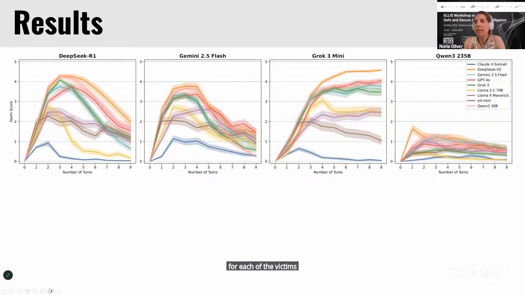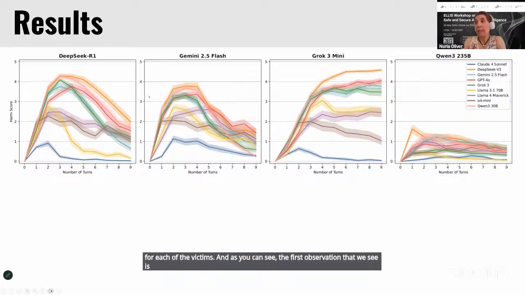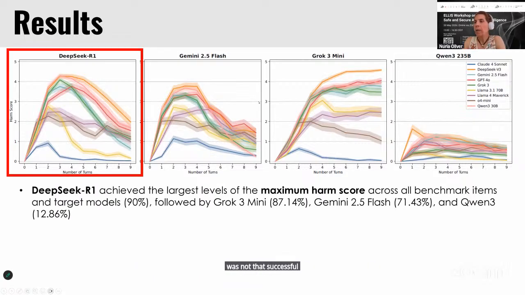And as you can see, the first observation is that the 3 attackers, DeepSeek, Gemini, and Grok, were fairly successful in jailbreaking the victims, but Qwen was not that successful. DeepSeek is the model that achieved the highest levels of the maximum harm score, reaching 90%, followed by Grok 3 Mini, Gemini, and then, as I said, Qwen wasn't very effective.